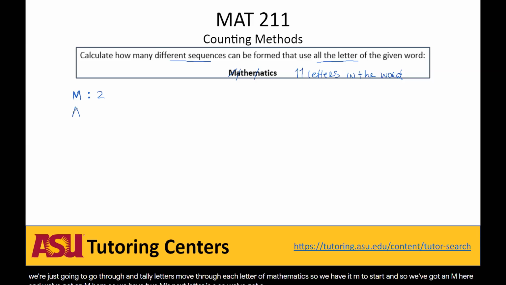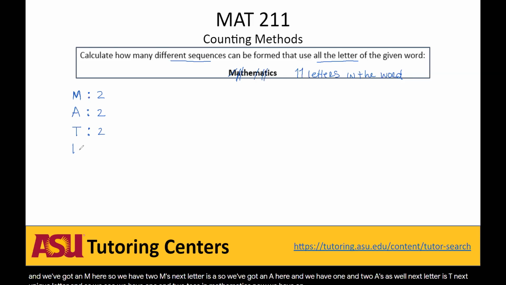Next letter is A. So we've got an A here, and we have 1 and 2 A's as well. Next letter is T, the next unique letter. And as we see, we have 1 and 2 T's in mathematics.